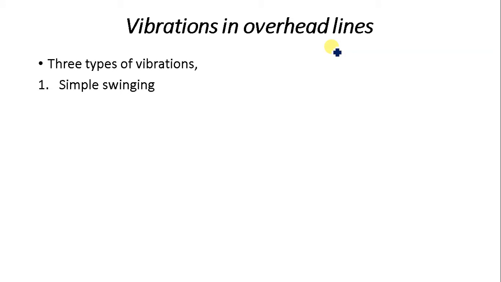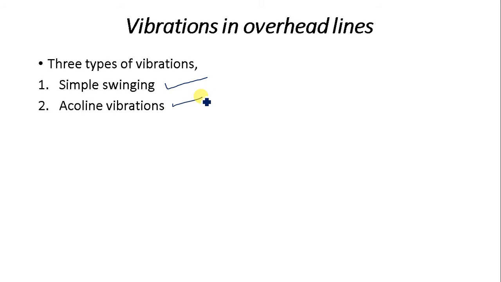Now before starting the discussion on the Stockbridge damper, let me give you a brief introduction to the different kinds of vibration in an overhead transmission line. The vibration that develops in an overhead transmission line is of three types. The first is a simple swinging action, and that can be naturally damped out. That is why we cannot use any kind of damper for such oscillation.